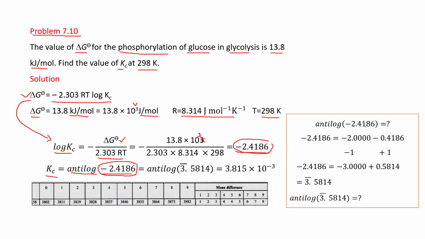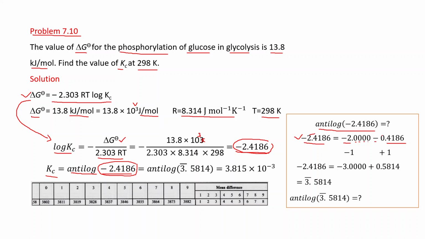Okay, just see, we have to find the anti-log of this number, and minus 2.4186 can be written as minus 2.0000 minus 0.4186. I think you will not feel any difficulty writing this number like this.